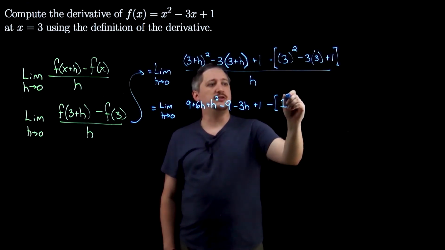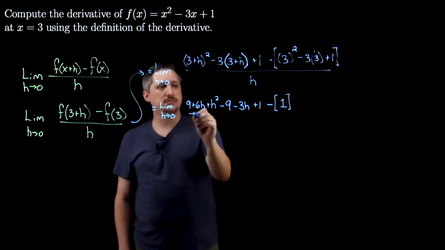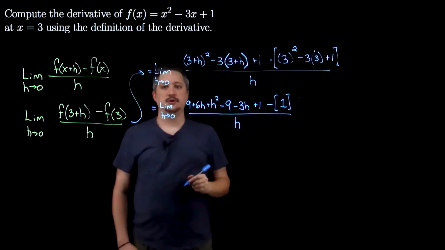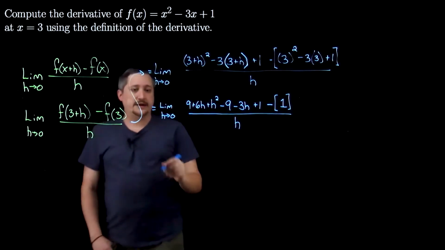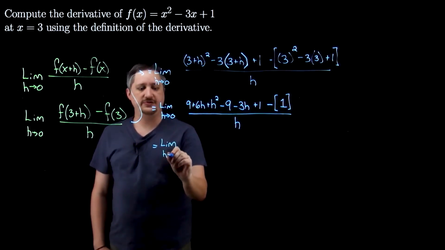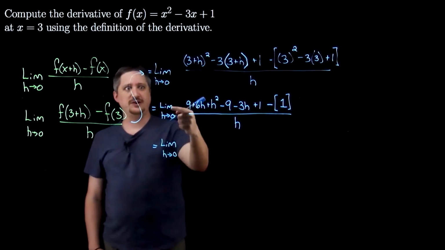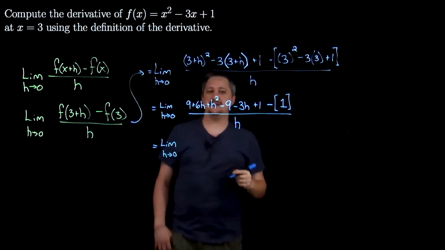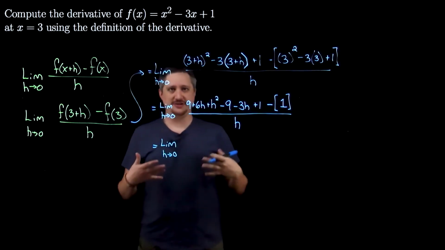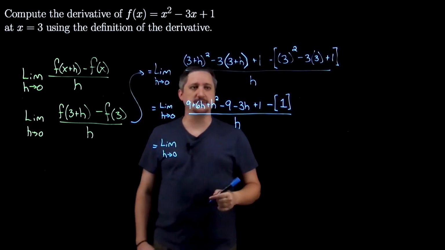So that's just 1 left over, all over h. I'm going to continue to simplify, so limit as h goes to 0 still. Remember to always write the limit. We have to keep that there until we actually compute it; we have to have it tag along.